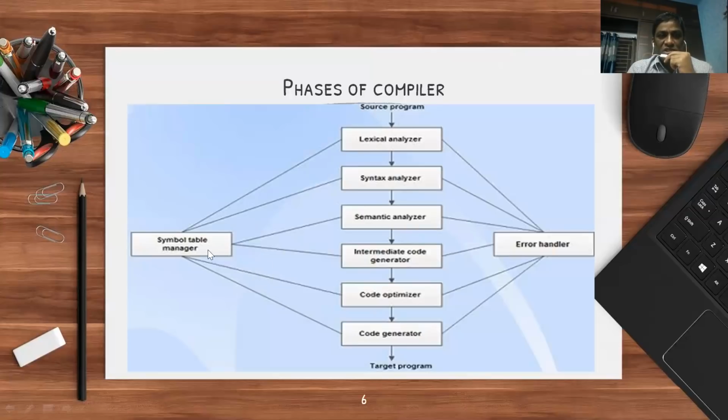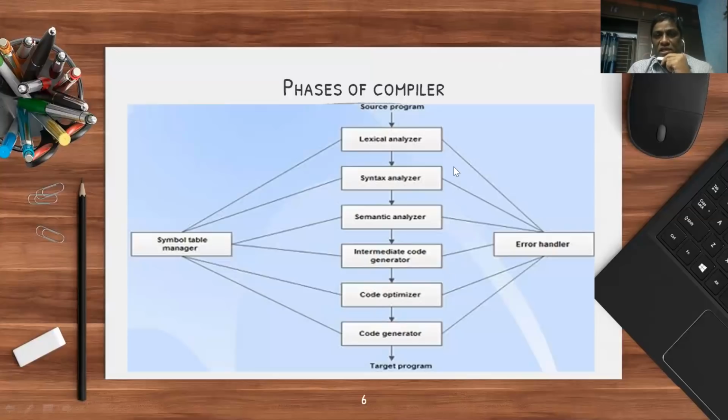Whatever information is available in the symbol table will be used by these phases while converting the source program into target code. And there is another component called the error handler, which will be used throughout the translation process in every phase.